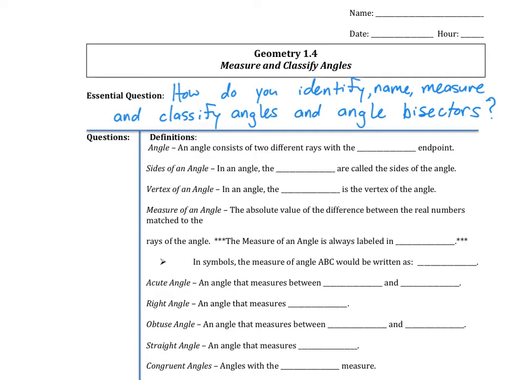So an angle consists of two different rays with the same endpoint. Sides of an angle. In an angle, the rays are called the sides. And the vertex of an angle is the endpoint.